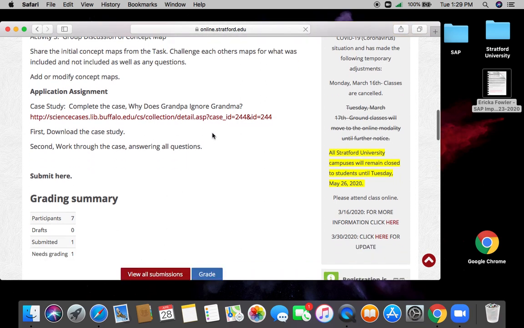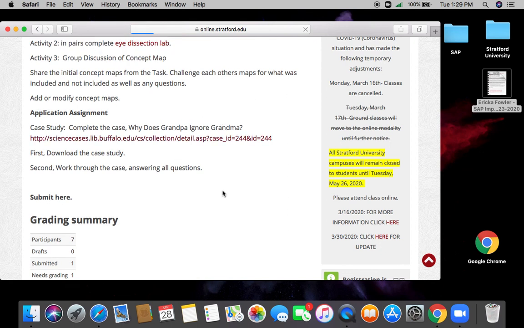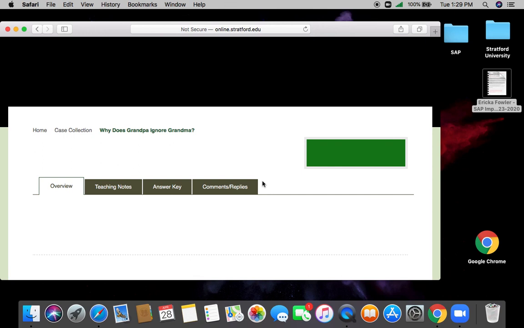What do we always do? We always click on the case, right? Once we have the case, we always click on the upper right hand, usually a green box that says download case. That's if it's working. And then we'll look through the case and answer it and submit it in a Microsoft Word document.